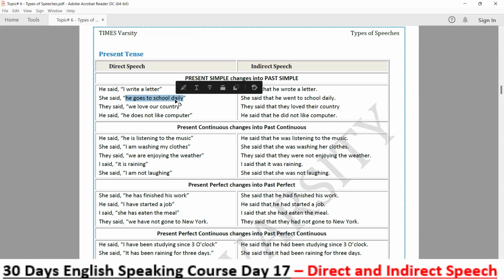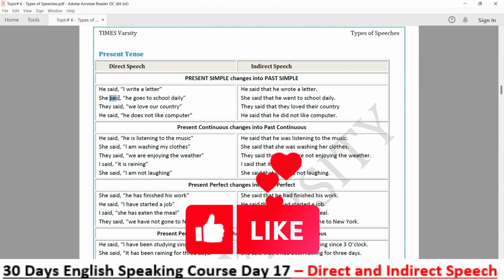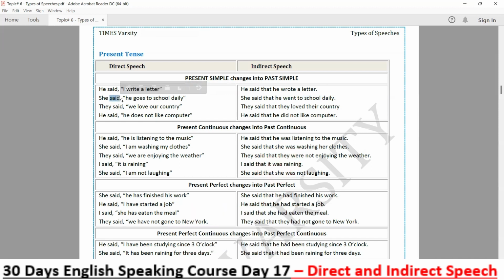All right. So this is direct speech. She said he goes to school daily. And if we see indirect speech of this one, she said that he went to school daily. Because as you can see now, the tense is changed from present indefinite to past indefinite. Why? Because here in indirect speech, the reporting verb is in past.